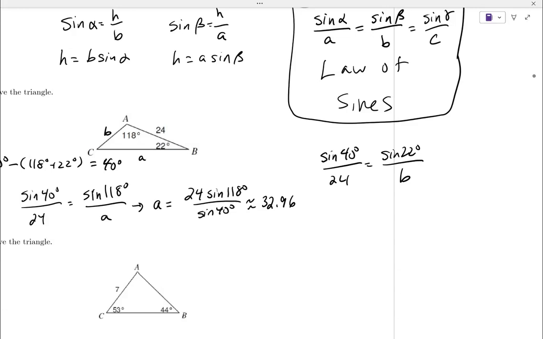Solve. Your B will be 24 sine of 22 over sine of 40. And what do you get in that case? About that, yeah. Okay.